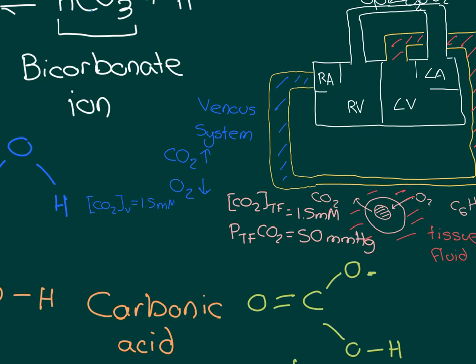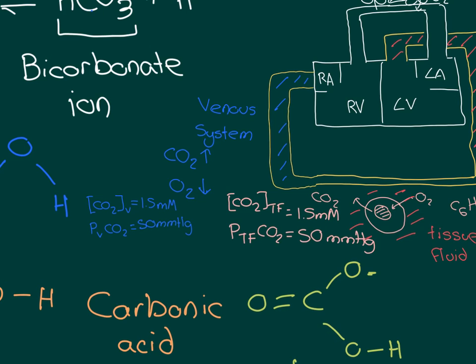So it's going to be 1.5 millimolar, but of course we don't like talking about that because everyone has their different preferred concentration units, so instead we'll have the partial pressure of venous, so I've put a little subscript V there, CO2 is going to be equal to 50 millimeters of mercury, which is the partial pressure of carbon dioxide that the blood would need to be exposed to at 37 degrees Celsius in order to get that concentration of carbon dioxide here.